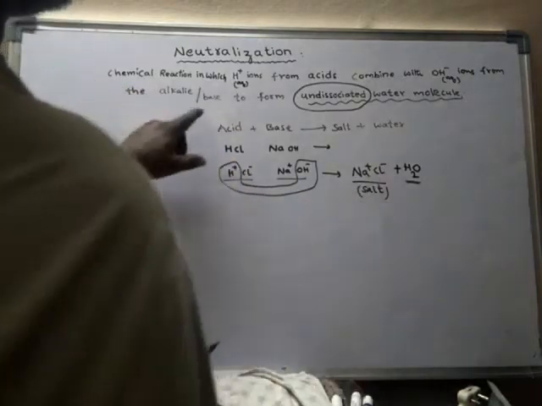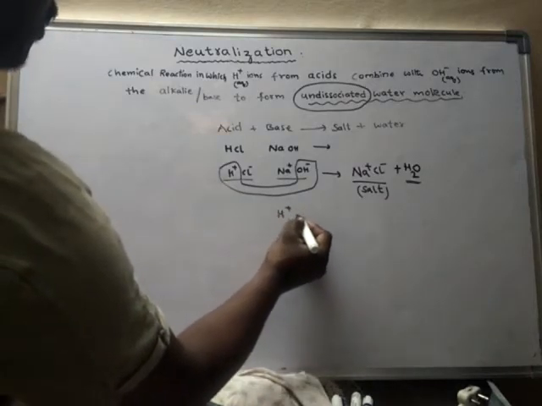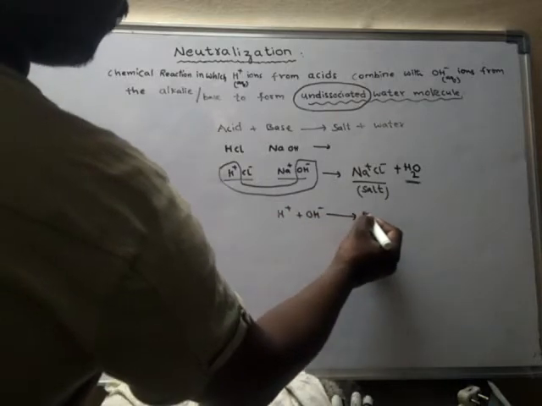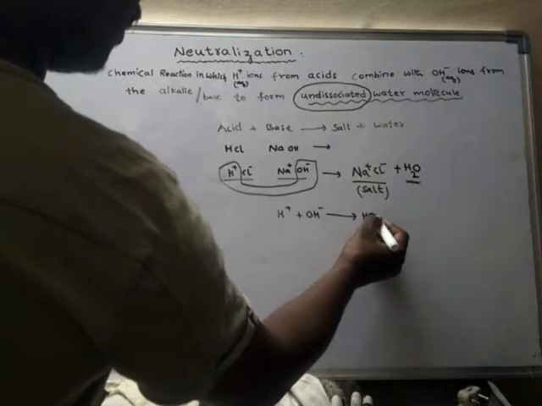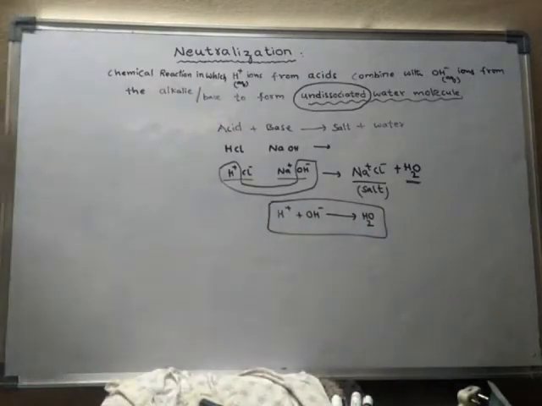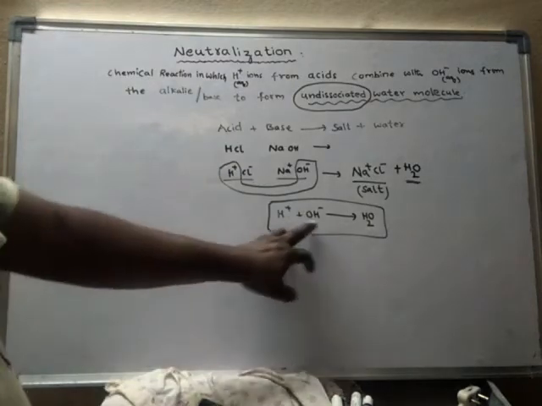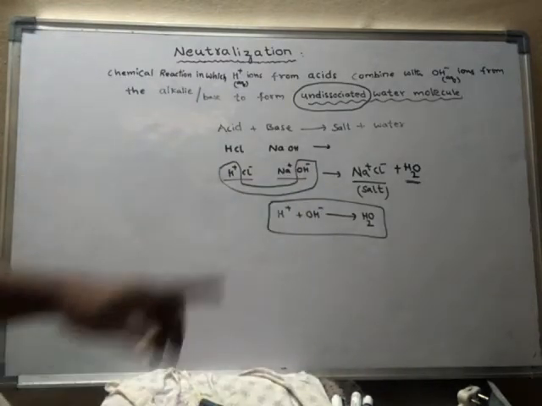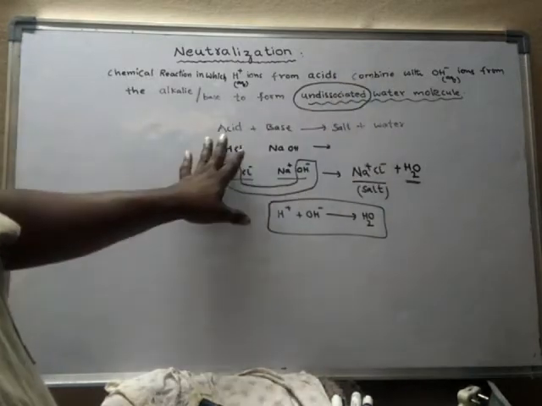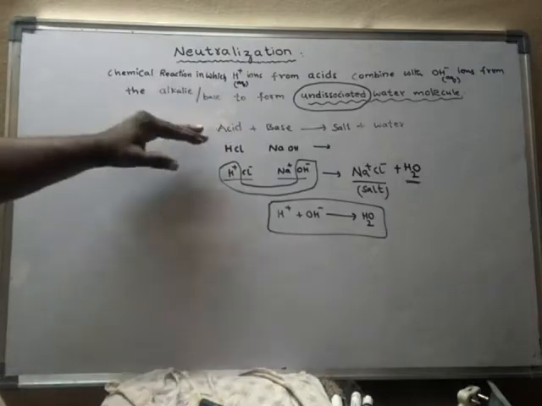So the overall neutralization reaction can be written like this: H plus and OH minus will form water. This is the actual step involved in the neutralization. When acid reacts with base to form salt and water, generally this reaction is said to be neutralization reaction. But exactly what is happening?